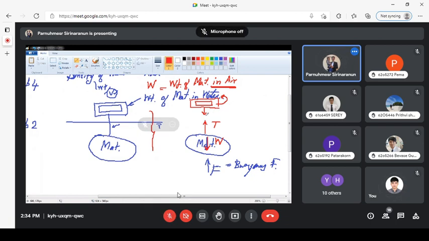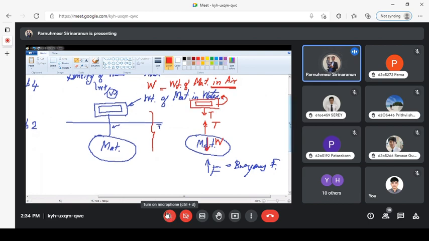And what happened? This and this are the same cable, and we neglect the weight of the cable. So the tension here and here: if this is the action, this is the reaction, due to Newton's third law. Clear or not? So now, from this device and tension, you know the tension of the cable is the same as the weight of material in water.